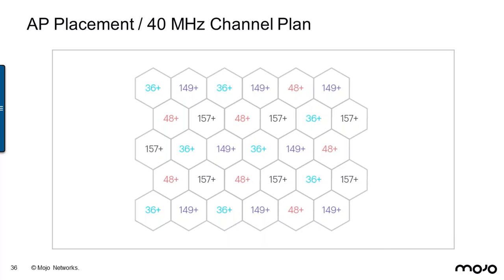It seems like they struggle. I've seen it where you'll see channel 36 and 36 right next to each other, adjacent to one another. And I'm talking about when all four channels are free, right? We're not talking about where there's a lot of interference, Wi-Fi or non-Wi-Fi, on the channel. It's kind of mind-boggling that sometimes the channel plans that are chosen seem like, wow, why would they do that?